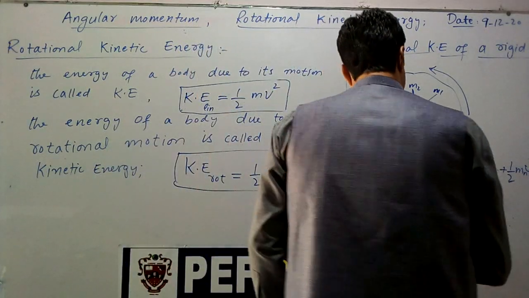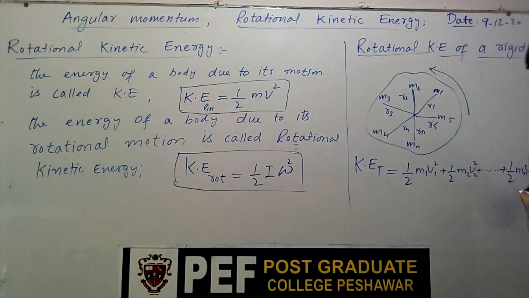Furthermore, we can write, instead of v, v equal to r omega.